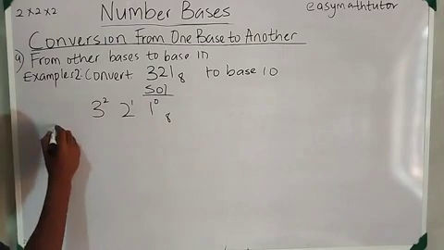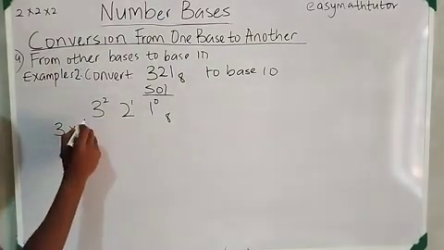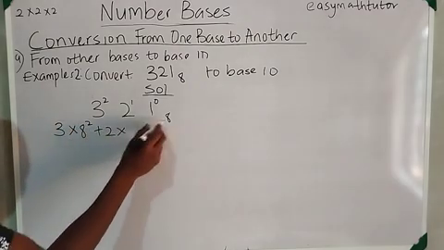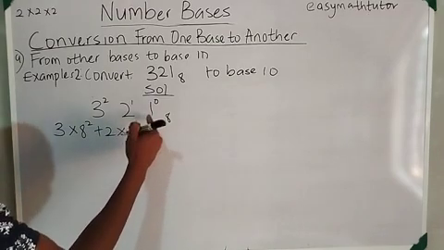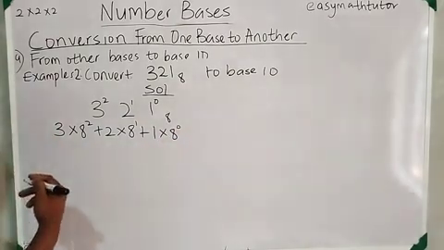So this becomes 3, the first number, times the base 8 raised to the power 2 plus 2 times the base 8 raised to the power 1 plus 1 times the base 8 raised to the power 0.